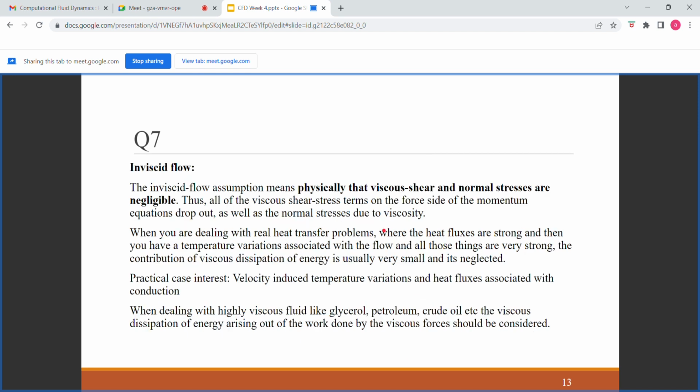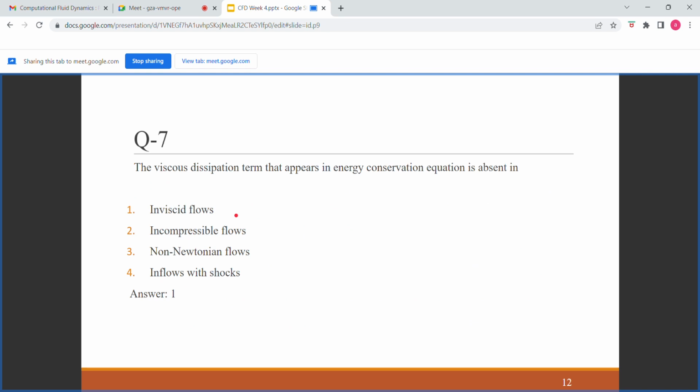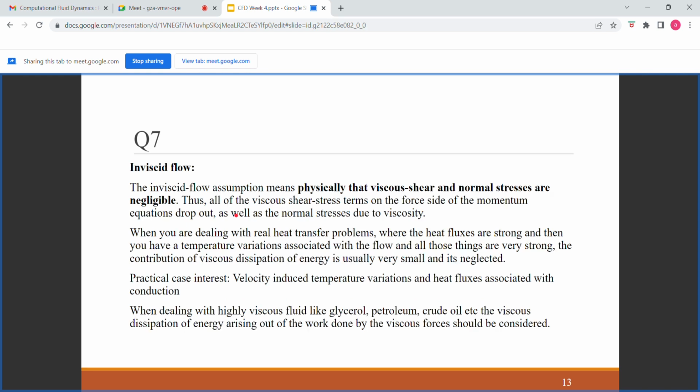So the answer to this question is inviscid flows, where inviscid flow means that physically the viscous shear and normal stresses are negligible. When the effect of viscosity is very low, it can be assumed that viscous dissipation terms would be neglected.